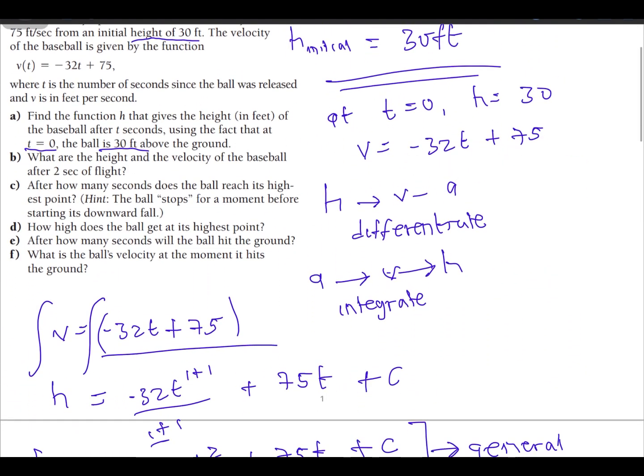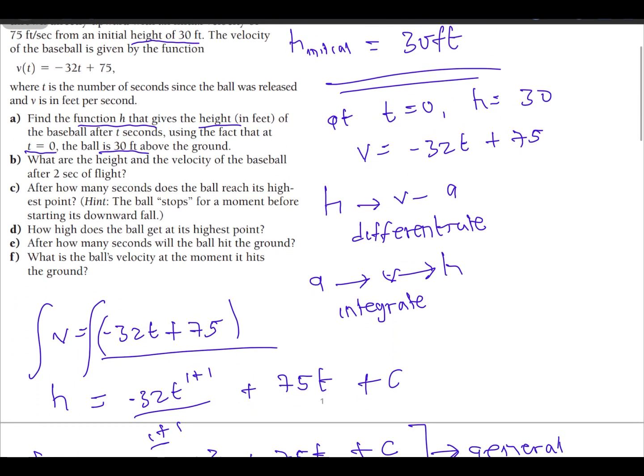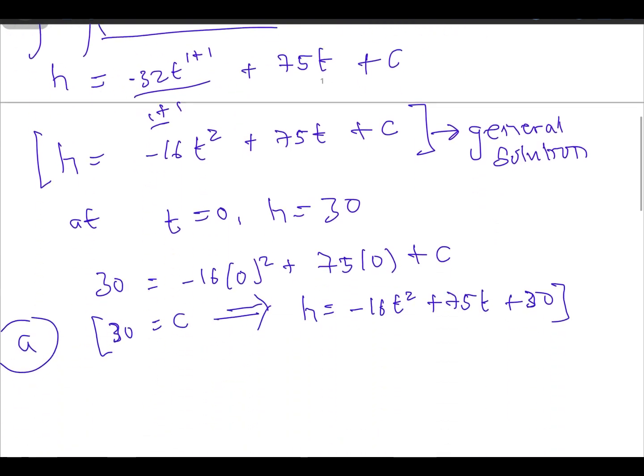Now let's go to the B. The A was telling us to find the function h that gives the height of the baseball after t seconds, using the fact that at t equal to 0, the ball is 30. So the B is also asking us, what are the height and the velocity of the baseball after t seconds of flight.